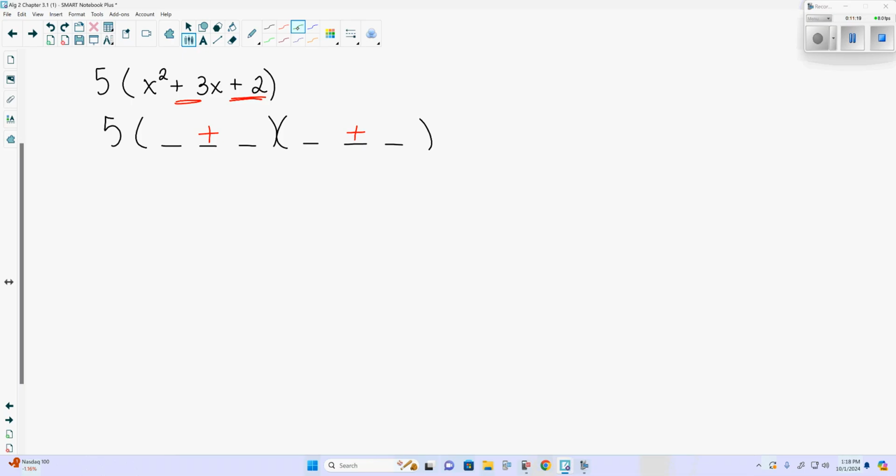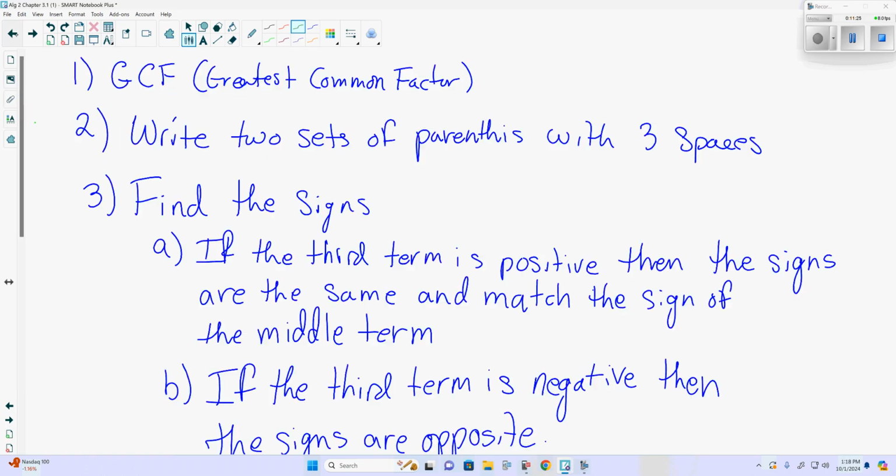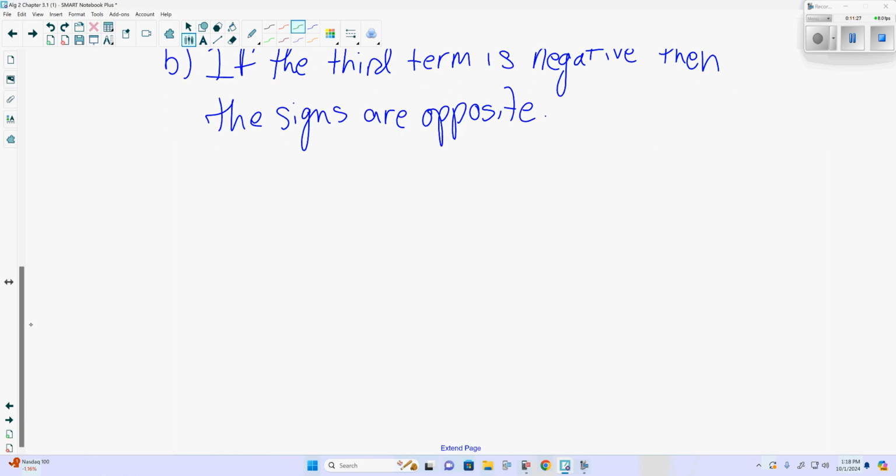Questions on steps 1 through 3? Are you ready for step number 4? Well, the fourth step is what? Find the factors of the first and third term.